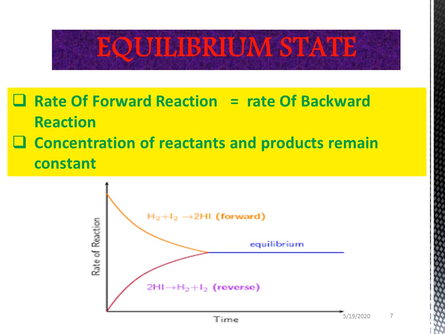It means that this hydrogen iodide will react back at the same rate and give us hydrogen and iodine in the reverse direction. So this is the point at which the rate of the forward and reverse reactions are equal. At this point we can say that dynamic equilibrium is established, or we can say this is the equilibrium state.